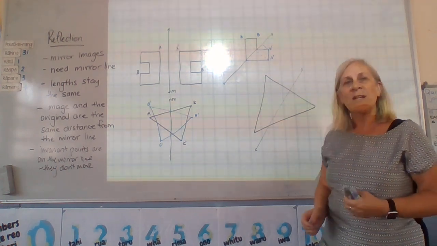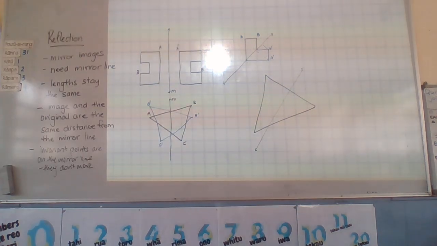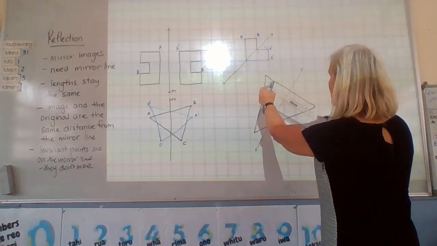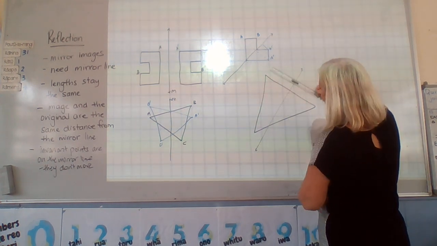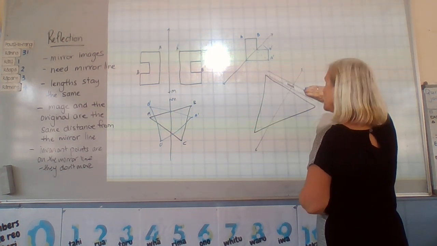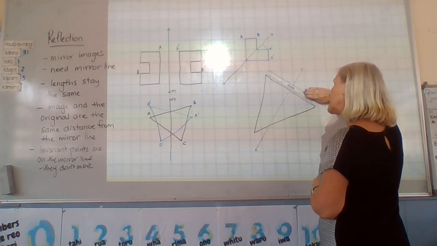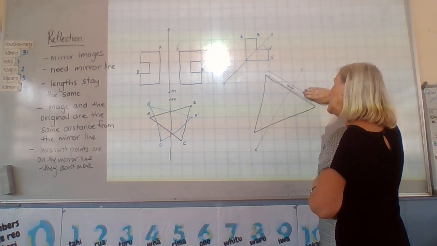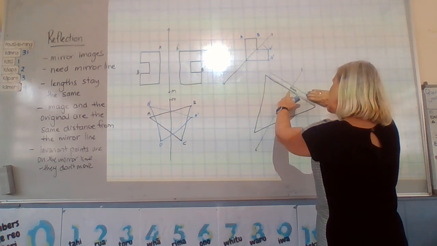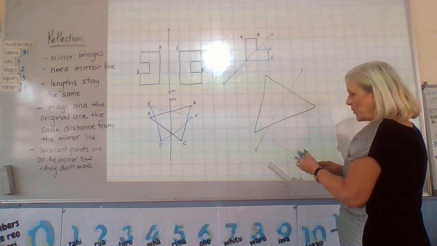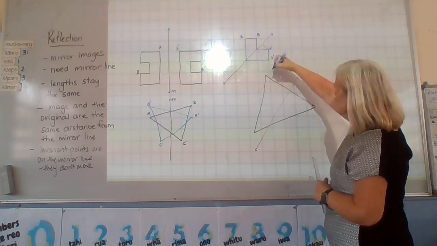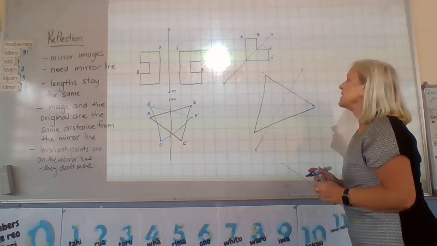So the easiest way to do this is to grab a ruler and make sure that your ruler is going straight through. So here's my line. I need this to be at a right angle. It's 16 away. So if I put the image 16 away, it's almost at the same point by fluke. It's about here. So the other one is going to be just further away on this side.